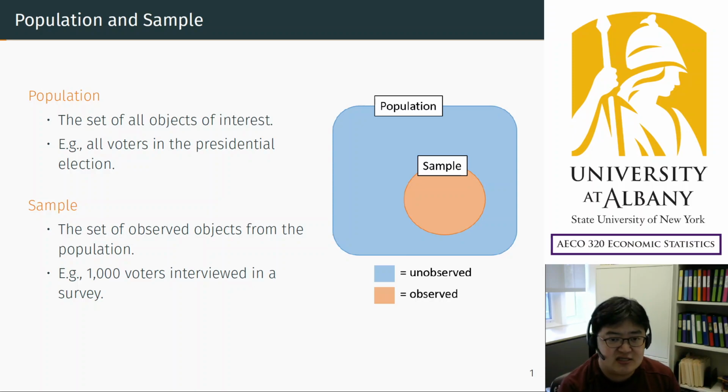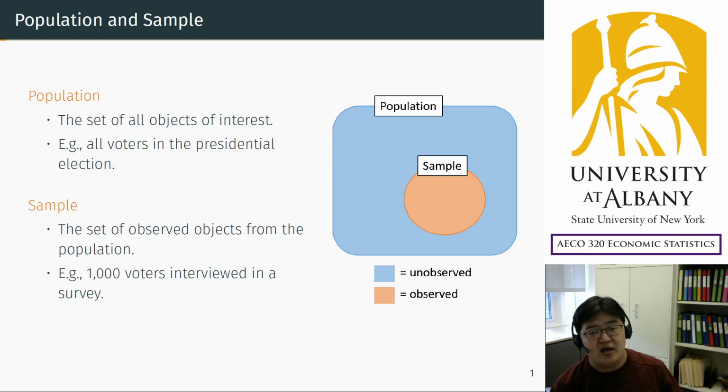We need statistics because we cannot observe the whole population. Instead, we observe a sample, which is a smaller part of the population. For example, I wanted to know what all the voters think, but that is not possible.